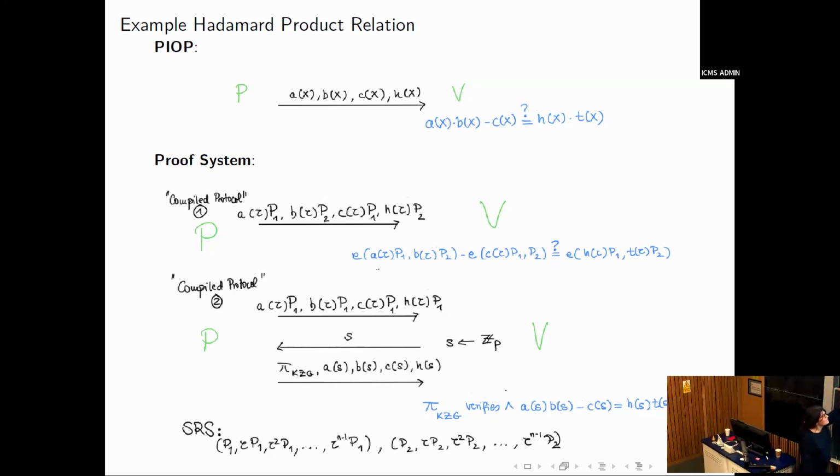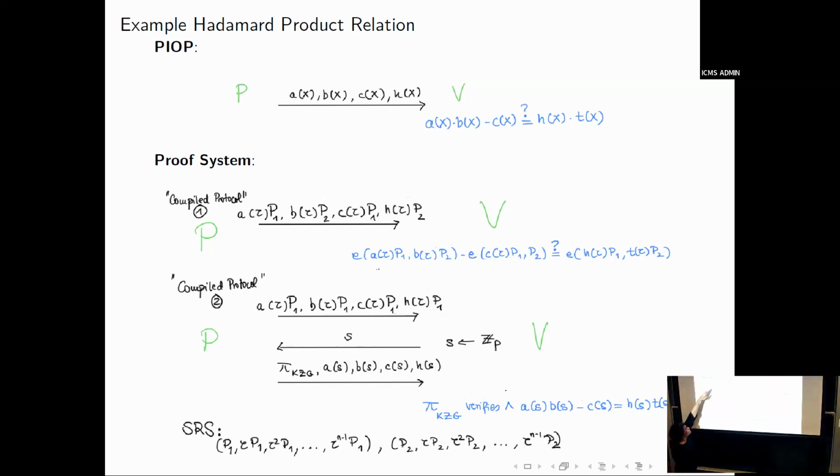The idea is that in reality you would not be sending the polynomials, you would be sending the polynomials evaluated at a point in the elliptic curve, and you would check this divisibility relation just at one point in the elliptic curve.